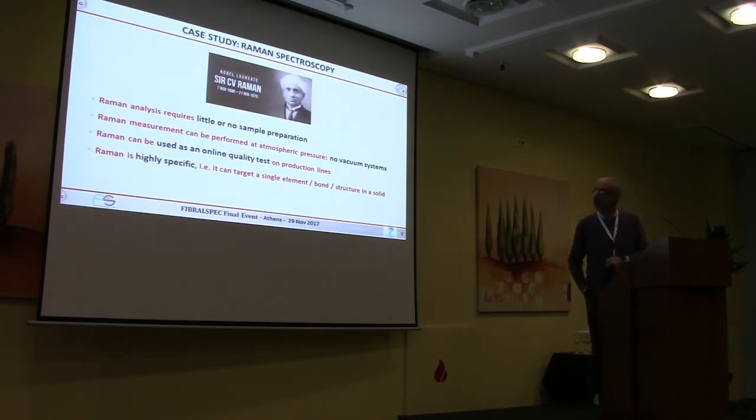Okay, now from the general philosophical issues, which are very basic actually, we go to a very specific issue, which is Raman. I'm not going through Raman in more detail. Raman is quite a widespread technique. We have been working on Raman for carbon, as you say, for the last millennium, so it's quite a long time.